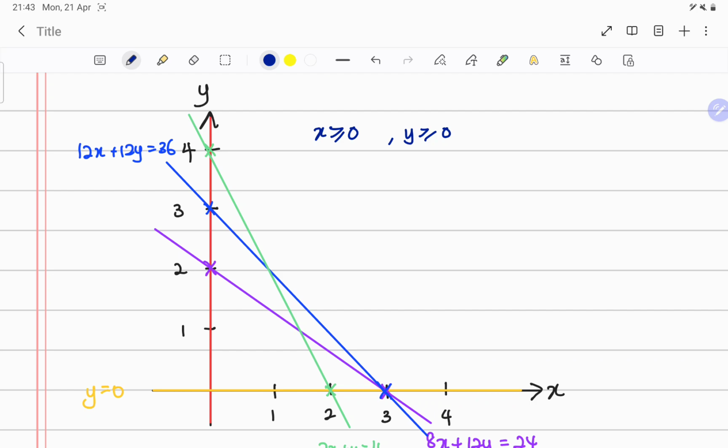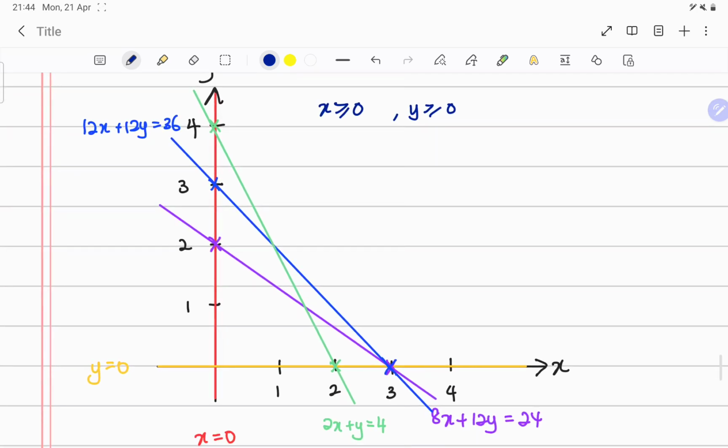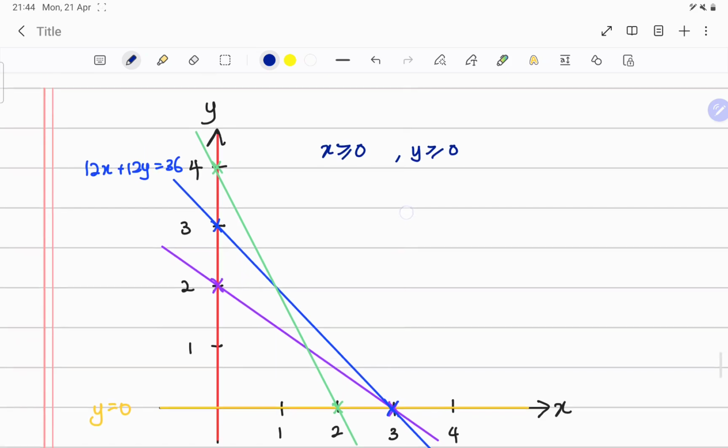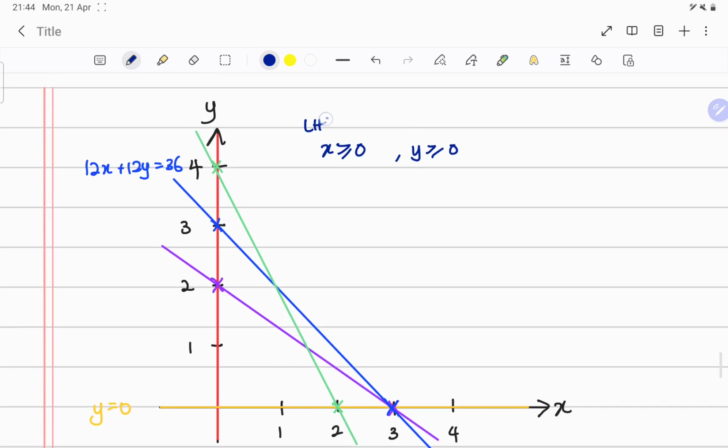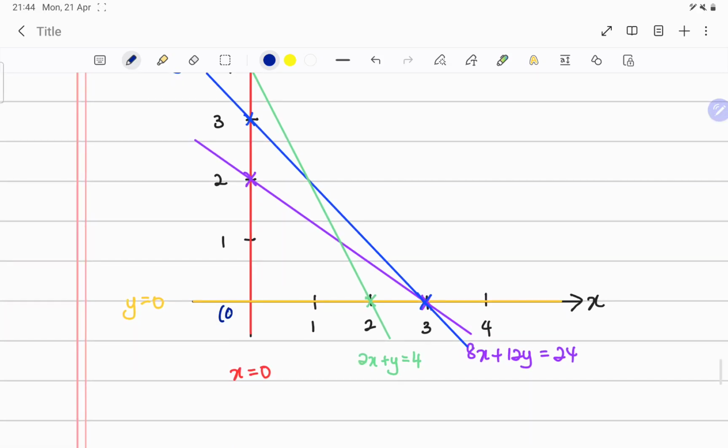So first of all, use a coordinate, because here you need to identify the left hand side and right hand side. Usually what coordinate are we going to use? 0, 0. We'll take 0, 0.